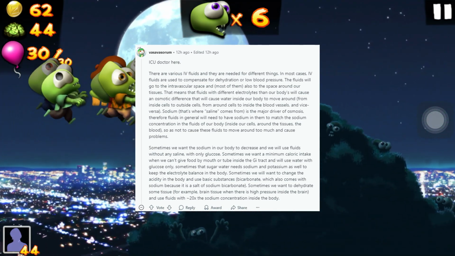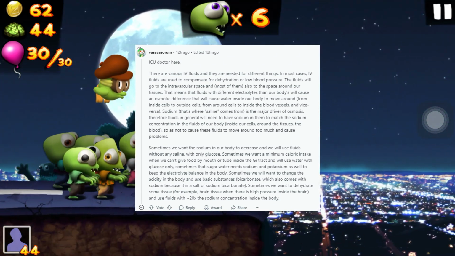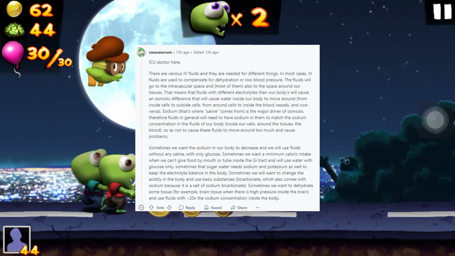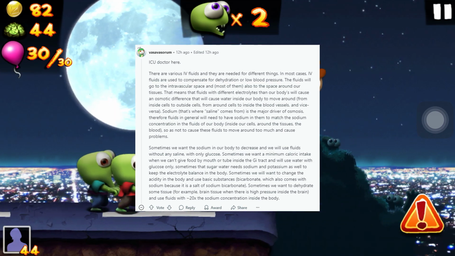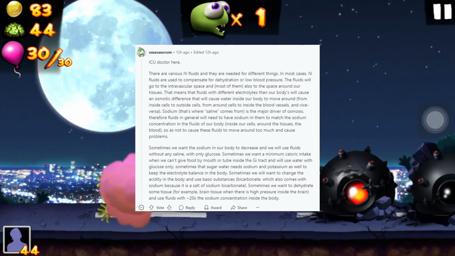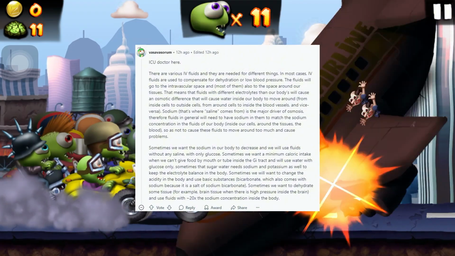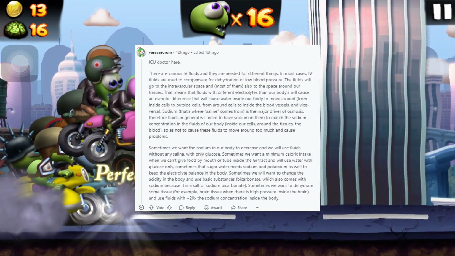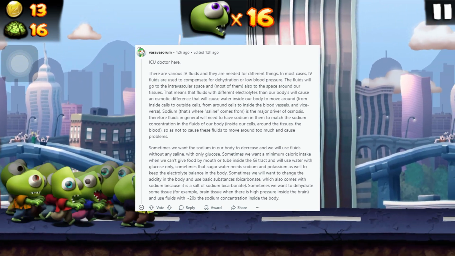Sometimes we want the sodium in our body to decrease, and we will use fluids without any saline, with only glucose. Sometimes we want a minimum caloric intake, when we can't give food by mouth or tube inside the GI tract, and will use water with glucose only. Sometimes that sugar water needs sodium and potassium as well to keep the electrolyte balance in the body.